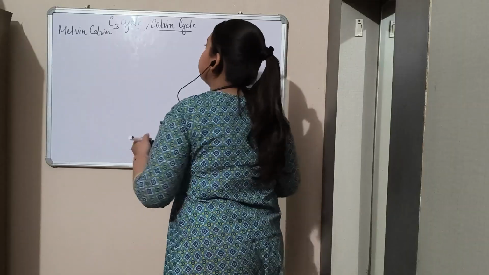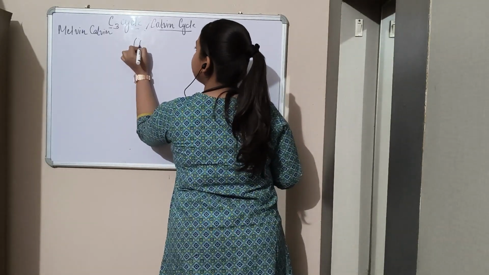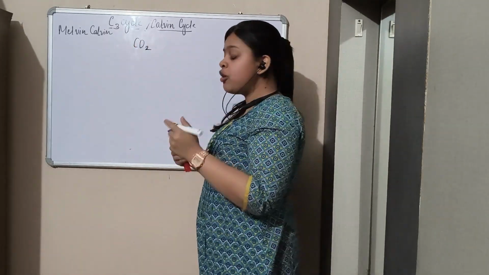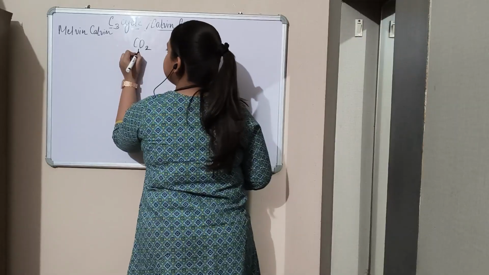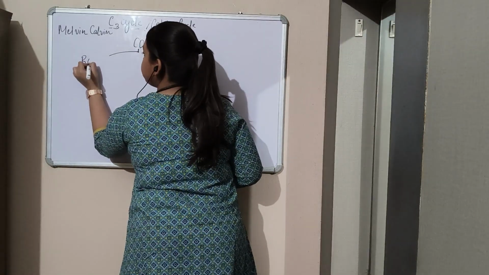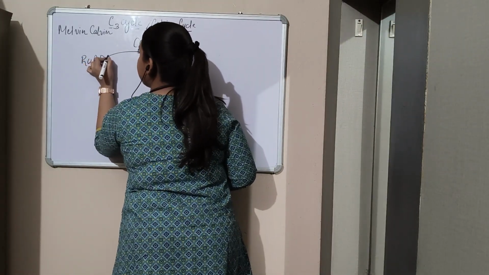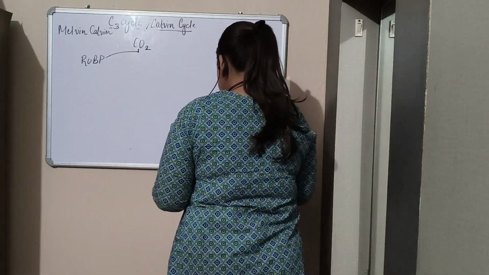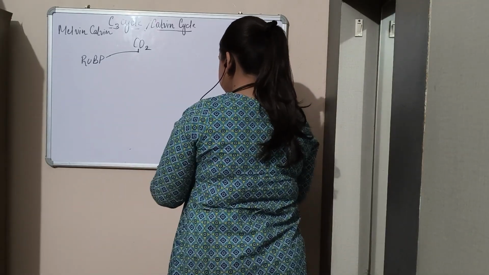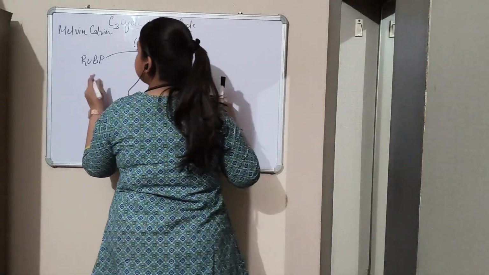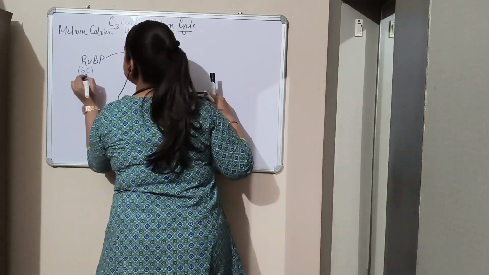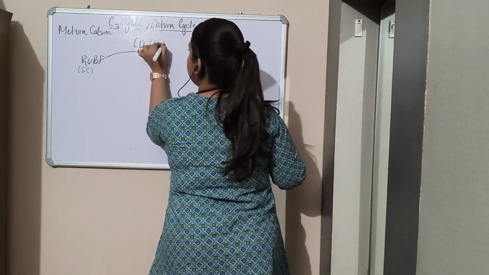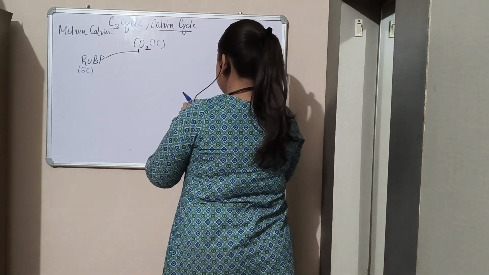Now if we see the cycle, the CO2 molecule that is being taken from the atmosphere has been accepted by RuBP. I just told you that it is a 5 carbon ketose sugar, right? So if we number the carbon molecules, this is a 5 carbon molecule, this is obviously 1 carbon molecule, right?